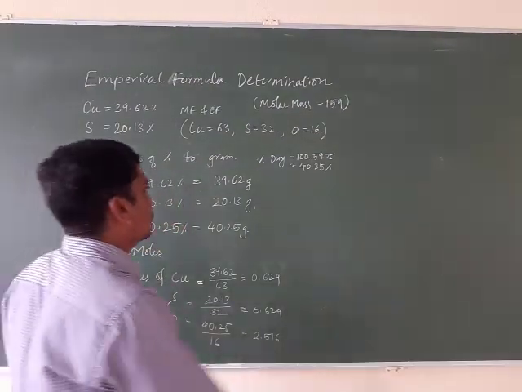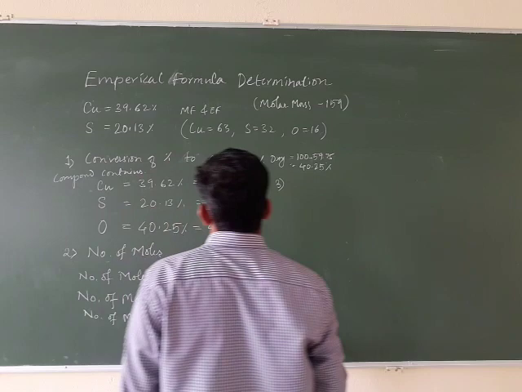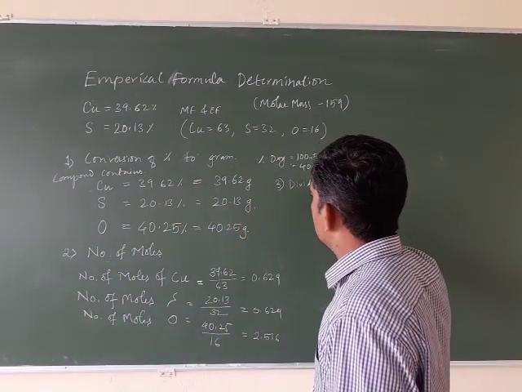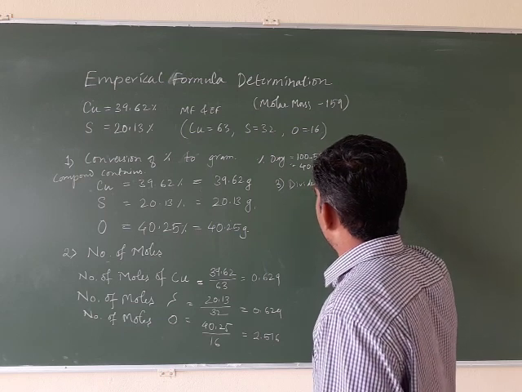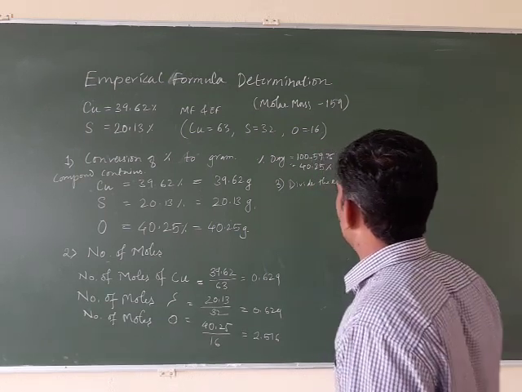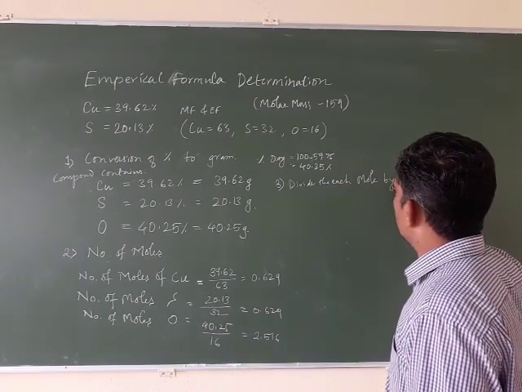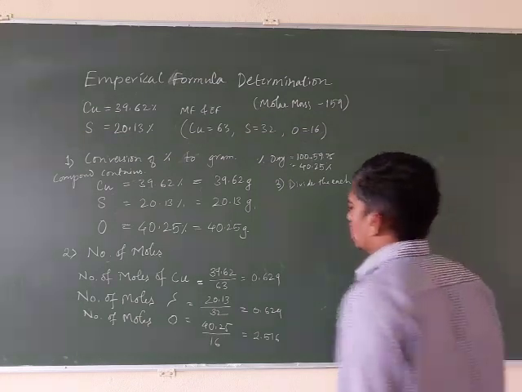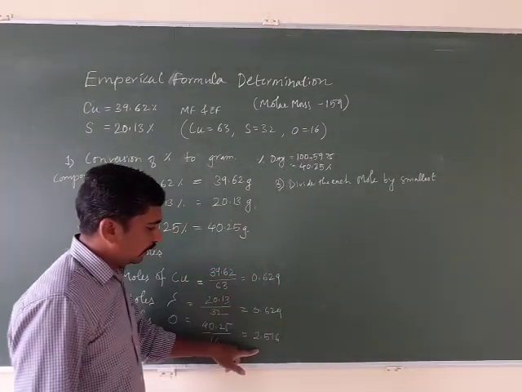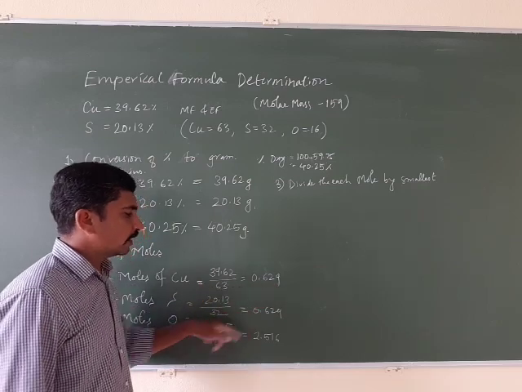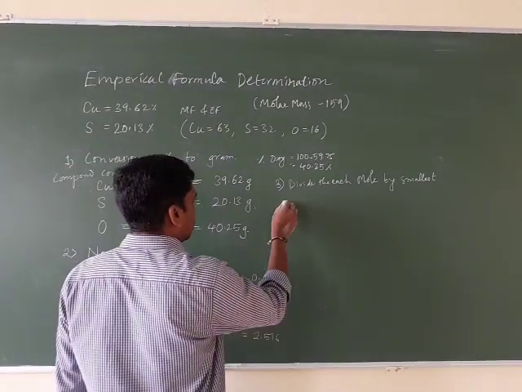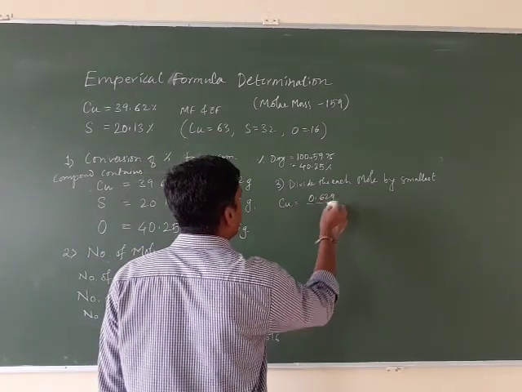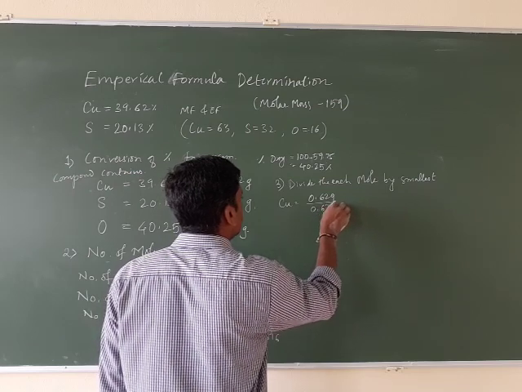Now in the third step, what we are going to do is divide each mole value by the smallest value. Okay, so out of these three, the smallest is this one or this one. So for Cu it is 0.629 divided by 0.629.